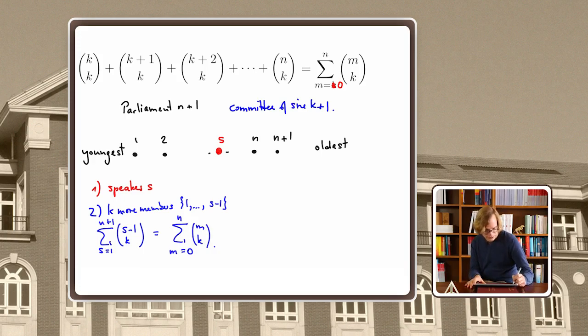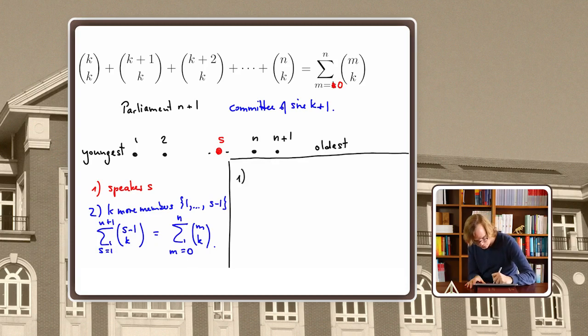So now how can we get a compact form? Well, just by selecting the committee in a different way, in a different order. So here's another way. First, we select the k plus 1 members of the committee. So here we have n plus 1 choose k plus 1 choices.